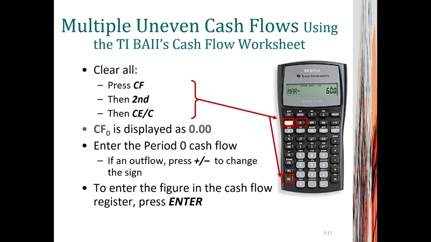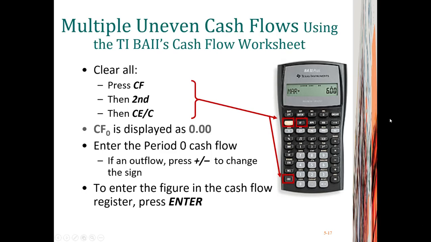And other people may prefer to use the automatic function on the BA II calculator, and this approach is not very straightforward. And you have to practice many times in order to understand its operational mechanism.